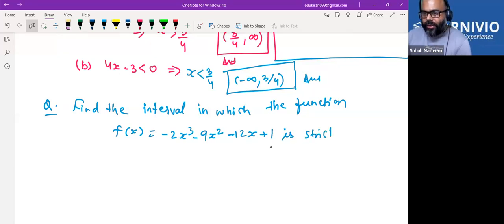You have to find where it is strictly increasing and where it is strictly decreasing.